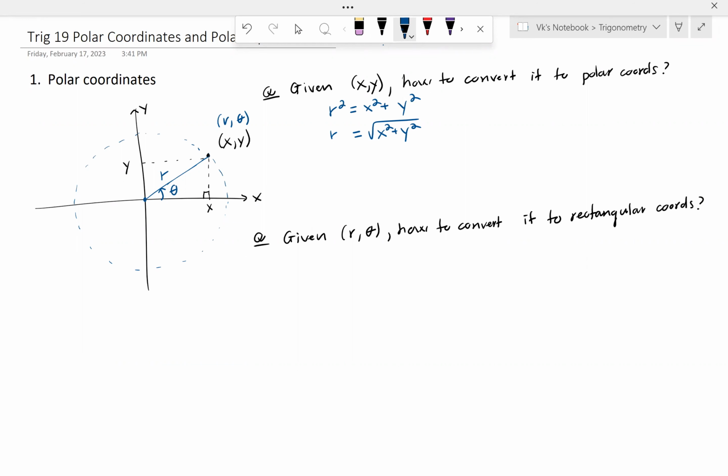And we can also see a relation between the angle theta, X and Y. Tangent of the angle theta is Y over X, so the angle theta is arctangent of Y over X. And make sure that the angle theta has to be the exact angle in the quadrant that the point lies in. It must be in the quadrant of the point (X, Y).